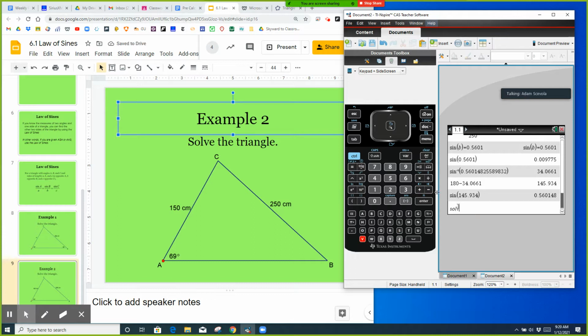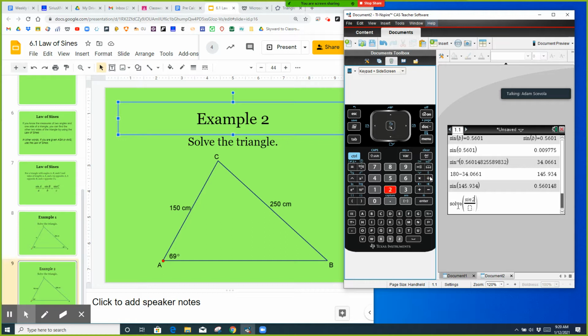If you have a calculator, you could do solve the sine of 69 over 250 is equal to the sine of, what did we get, 77 degrees, divided by side C. We're going to solve for C. When you're solving for a side, you're not going to get an infinite amount of answers.